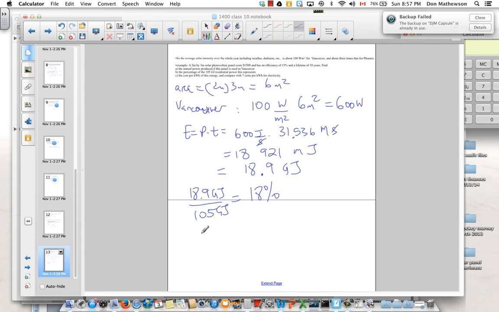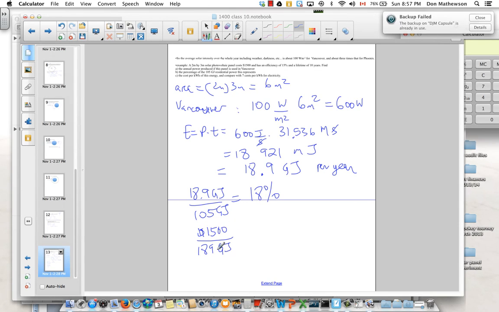So your cost is $1,500, and you're getting 18.9 gigajoules per year. But don't forget, it's going to last 10 years, so you're going to have 10 times that. So you're going to have 189 gigajoules over the lifetime of the panel.